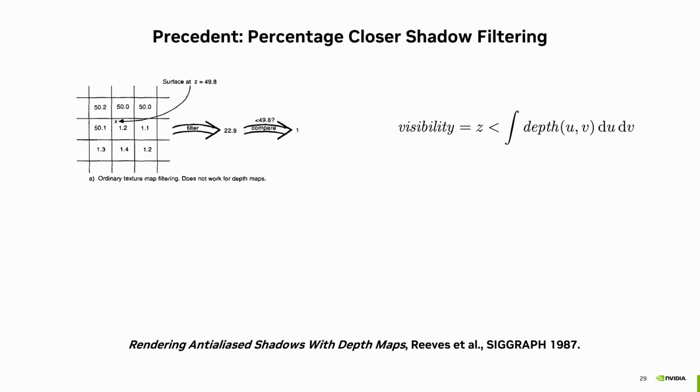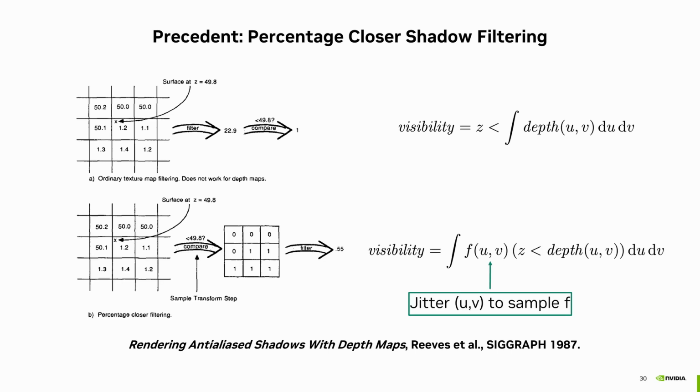Filtering depths and then applying comparison shading nonlinearity produces visual artifacts and generally completely wrong shadow shapes. So, what do they propose instead? A very similar solution. Apply a comparison nonlinearity first, which yields a binary mask, which then can be filtered or averaged, producing correct values and softer shadows.